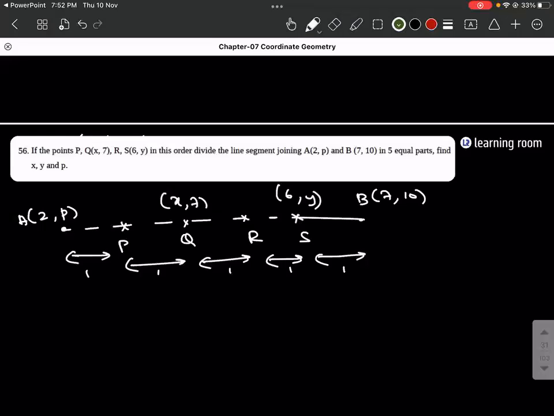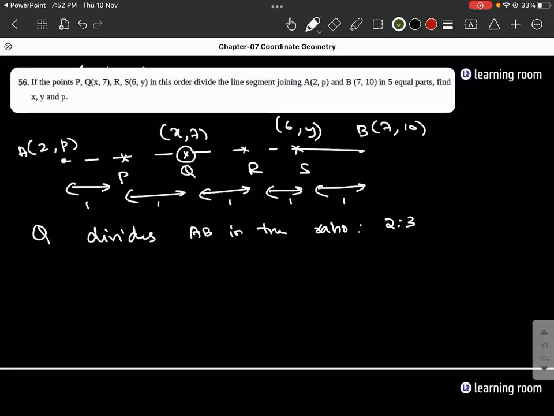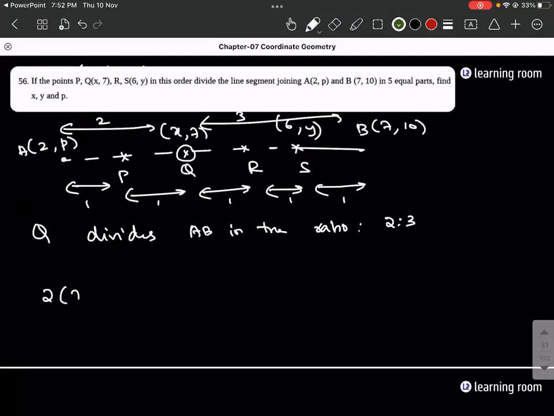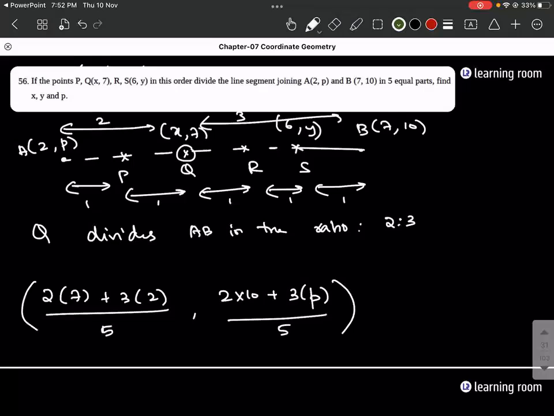So tell me, Q divides AB in the ratio what? 2:3. Correct. So apply that and find out. This ratio is 2, this is 3. So (2 into 7 plus 3 into 2 divided by 5, comma 2 into 10 plus 3 into P divided by 5) is equal to (X, 7).